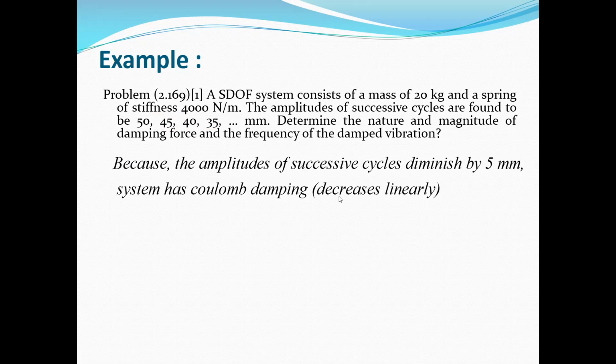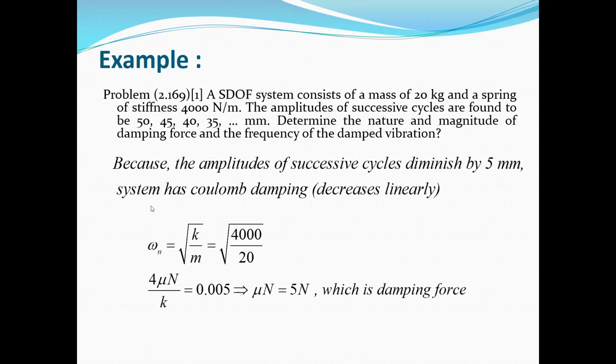It's decreasing linearly. So you know that when we have a system with Coulomb damping, the natural frequency will remain the same, but in a system with viscous damping, the natural frequency of the system decreases. As you know, we have the frequency of the damped system, omega d.